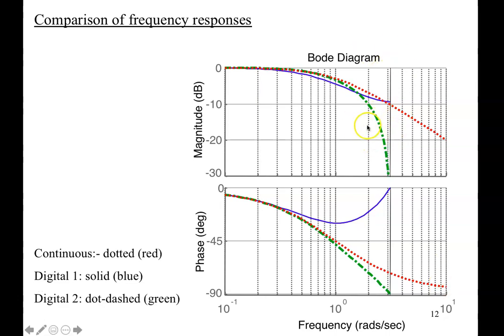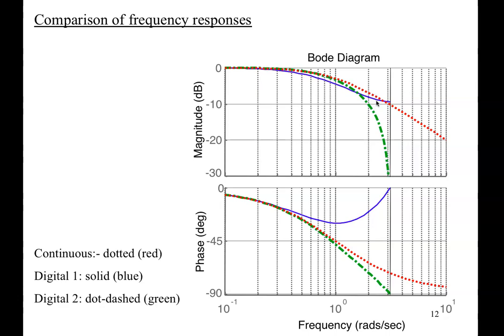So for the two conversion methods, the green line is much better at lower frequencies, and the blue line, the backward method, is slightly better at high frequencies. But we are talking about practical terms, and in practice, our sampling frequency is a lot higher than we would need, or than the highest frequency we'll deal with.